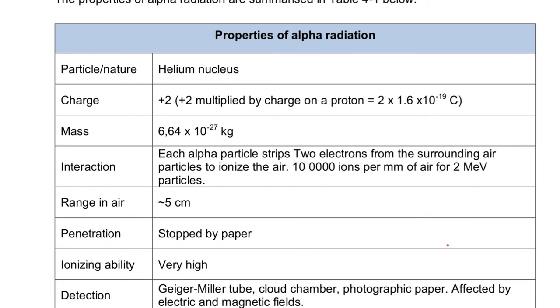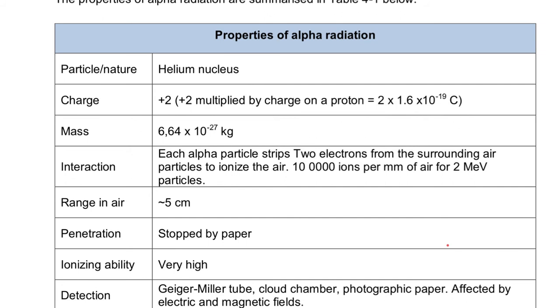Looking at the interaction, each alpha particle strips 2 electrons from the surrounding air particles to ionize the air. So about 100,000 ions per millimeter of air for 2 megaelectron volt alpha particles. So this is the interaction that the alpha particles undergo when they have left the nucleus.